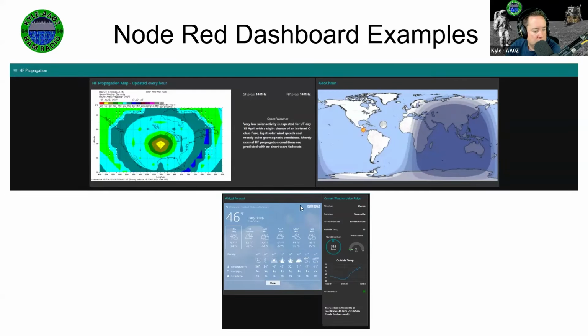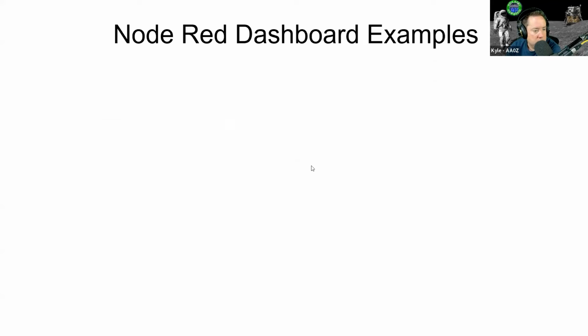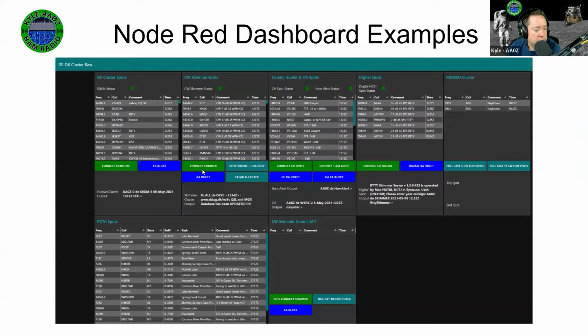Here's another geochron. Here's some weather forecasting that you can integrate with your Node-RED. Here's a cluster server aggregator. So I wrote this a while ago where it takes all of the spots from all the different cluster servers and also PODA, and it aggregates them into one cluster server that I can connect to via Telnet.